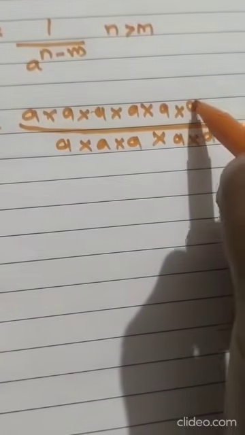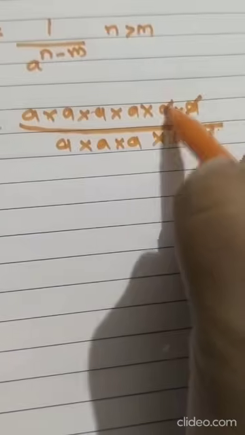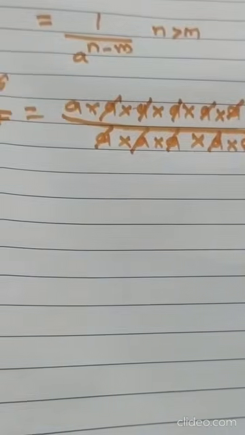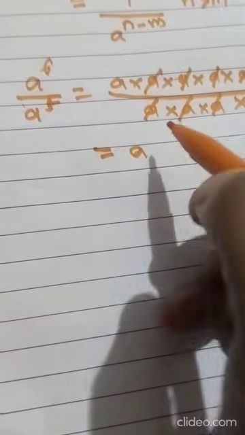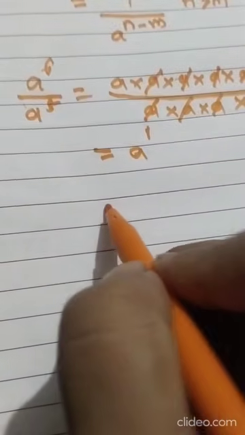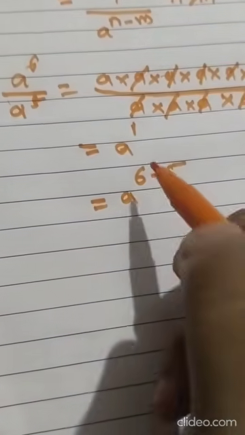Now here we know one rule that we can cancel common terms in the numerator and denominator that appear once. This gives us an answer of a, which means a raised to 1. In terms of 5 and 6, we can write this as a raised to 6 minus 5, which gives us a raised to 1.